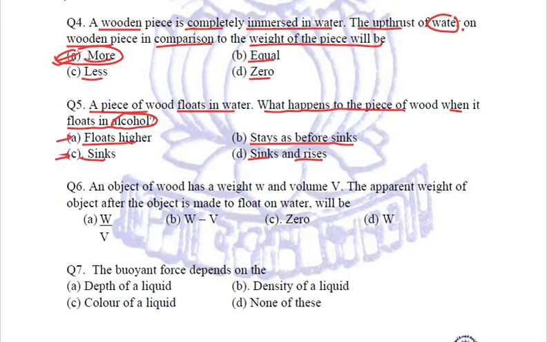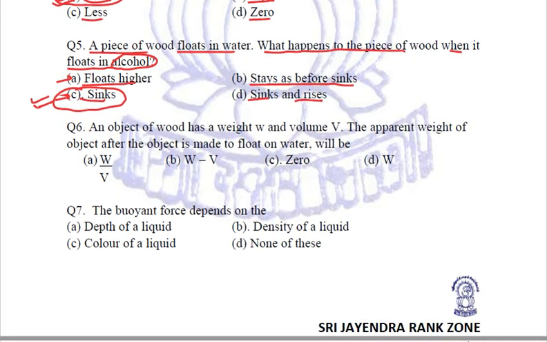But we know that the density of alcohol is less as compared to water, and because of that there will be less buoyant force exerted by alcohol, because of which this piece of wood is going to sink in alcohol. So C will be the correct answer. Let's see the next question.